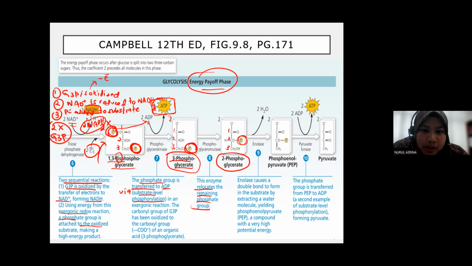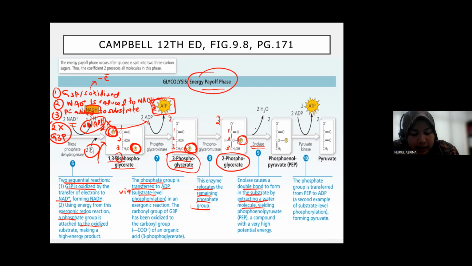Okay, so berapa molecule of 2-phosphoglycerate do we have? We still have 2 molecules. Okay, all right. Next is the enzyme enolase, which causes a double bond to form in the substrate, membentuk double bond by extraction of water molecule.